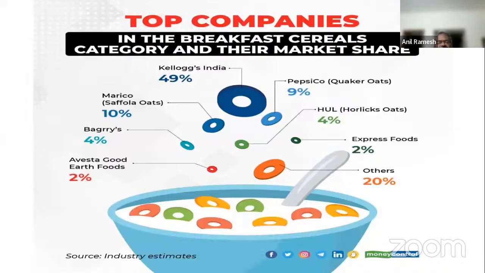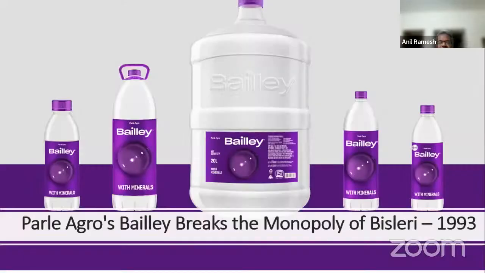Quaker Oats has got 9%. Marico, that is Saffola's brand, has got 10%. Britannia has got 4%. HUL also has oats. So this is the threat that will come to Kellogg's, which is basically corn based. That 10 plus 9 plus 4 is 23% coming from oats. So that's another big challenge that they're going to face. Then Express Food is 2%, and Avesta has got 2%, and others include the 20%.